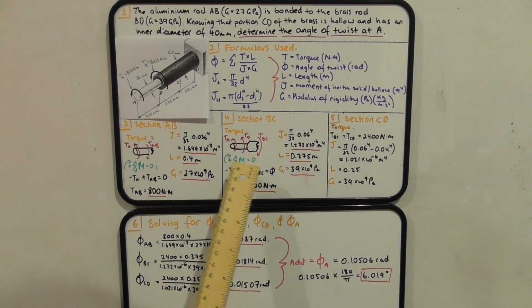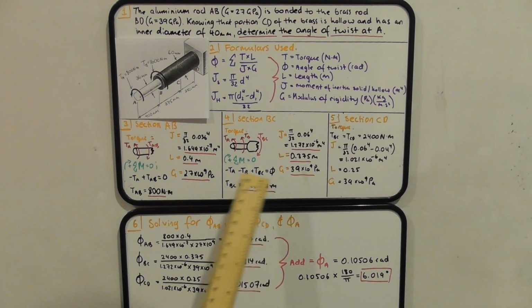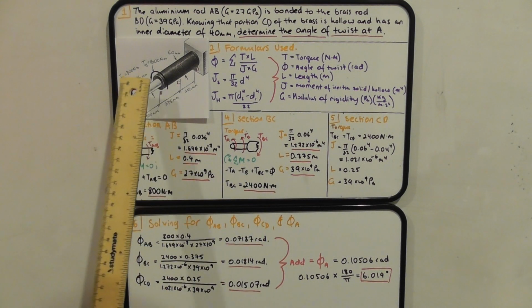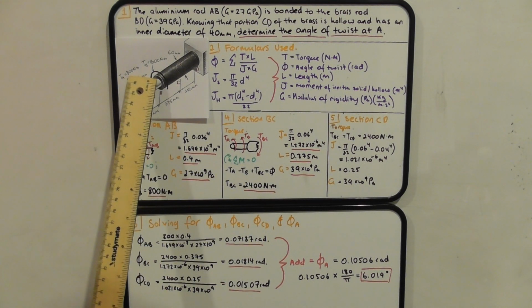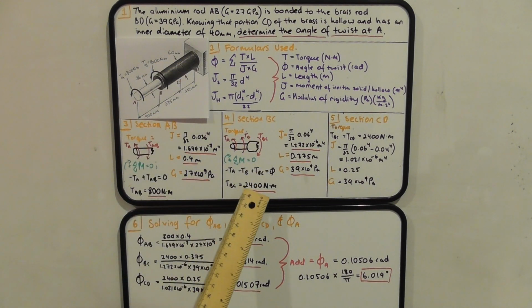So, sum of moments, defining the positive direction to be clockwise: T minus TA minus TB plus TBC equals 0. When you add 800 Newton meters and 1,600 Newton meters, you get 2,400 Newton meters.